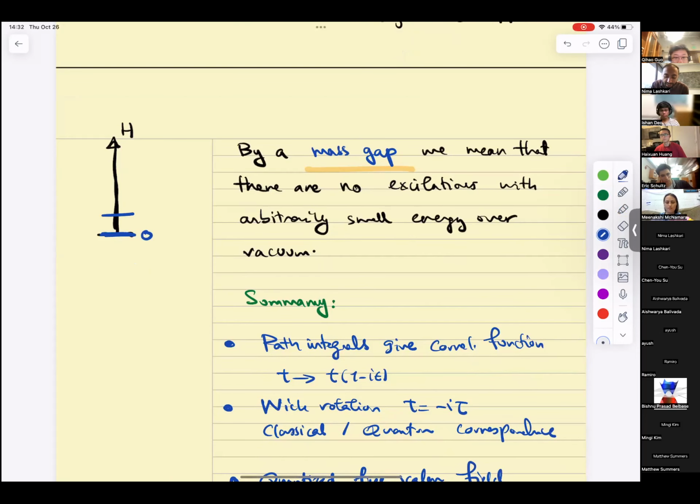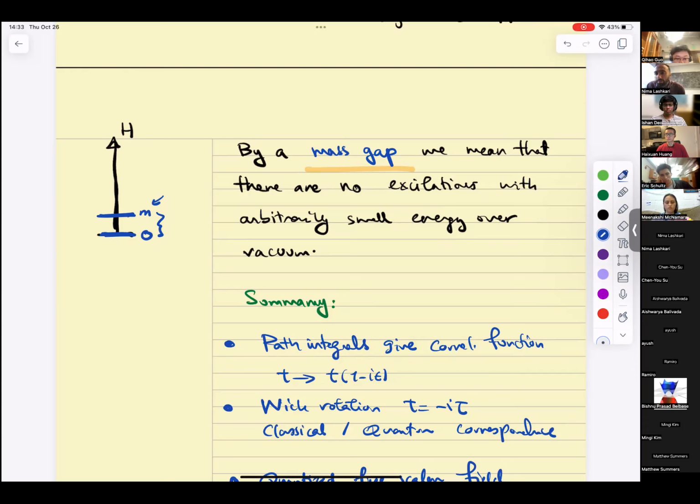The first energy eigenstate, if its energy is non-zero, is called a mass gap. Here, the theory we're dealing with has a mass gap m, meaning that the only way to have any excitation on top of the vacuum is to spend at least energy m. You need at least an amount of energy m to create something.